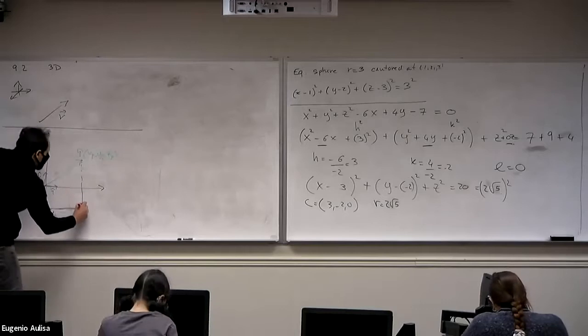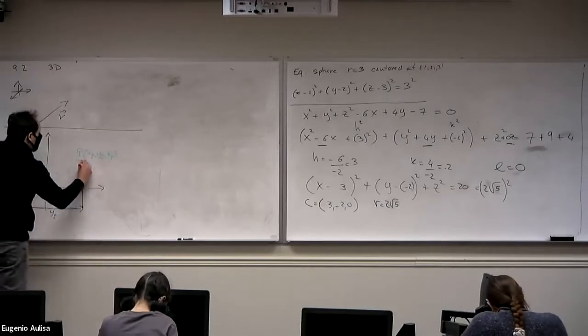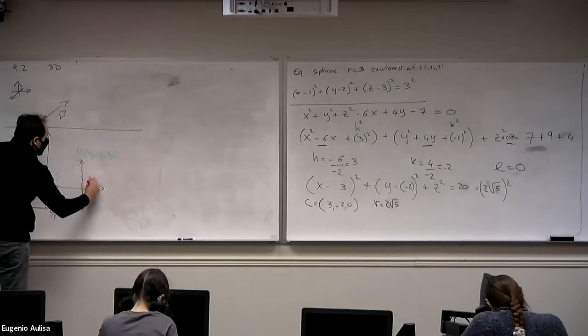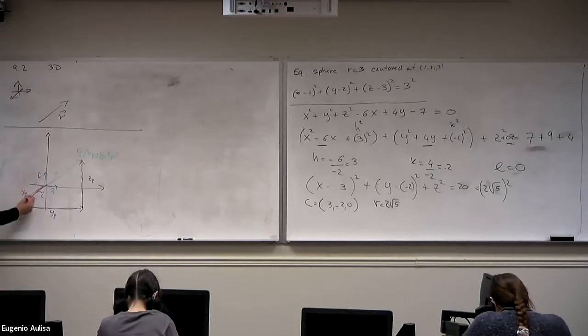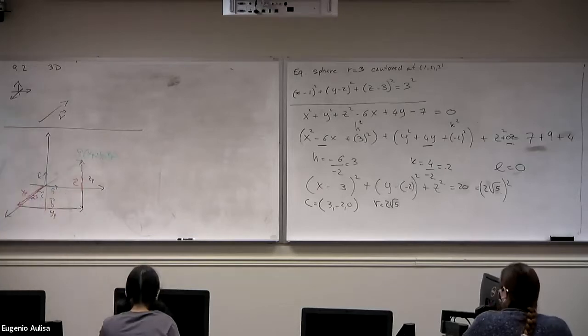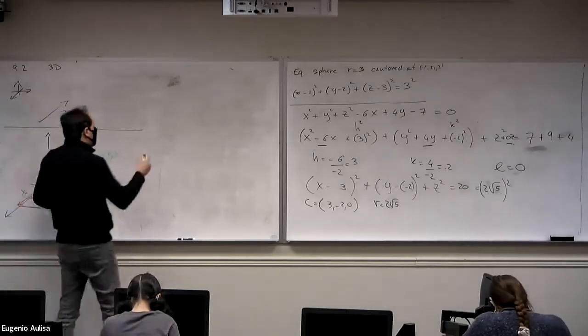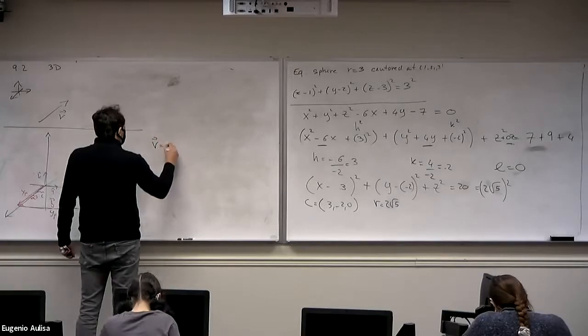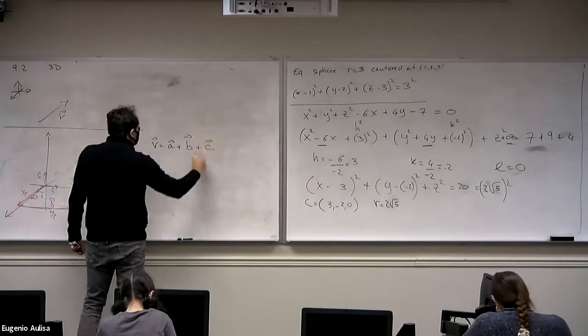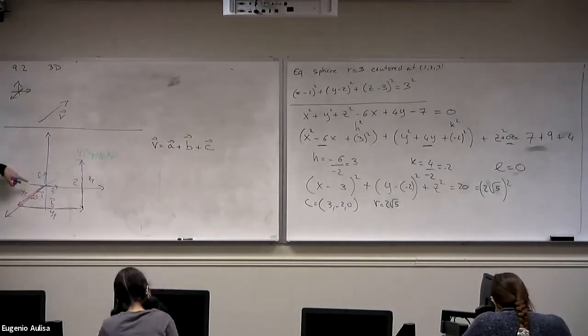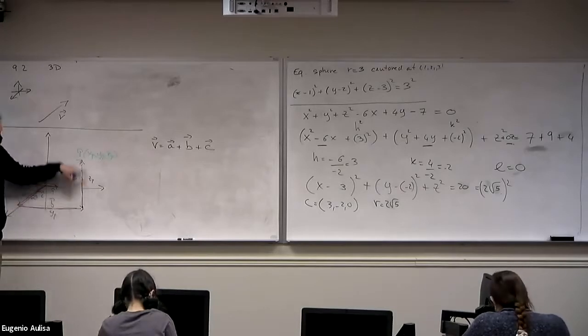And then from this point, I'm going to add a vector with length zp parallel to z. So if I call this vector A, this vector B, and this vector C, our vector V is going to be the sum of A plus B plus C, following exactly the same rules that we saw last time. Put head to foot, head to foot.